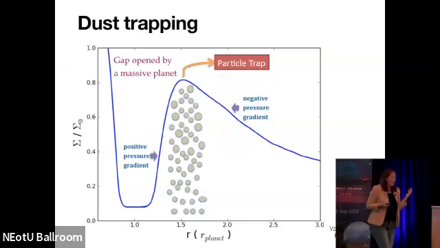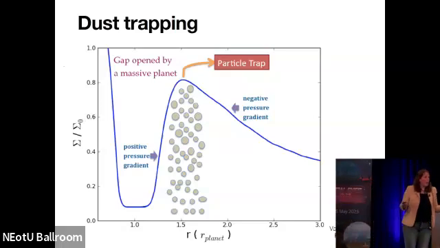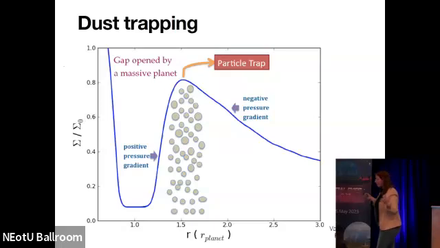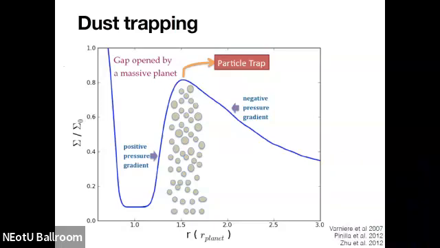And how could you create such a pressure bump, a pressure maximum in the outer disk? Well, by growing your first planet. As soon as you form your first planet, it will carve a gap in the disk, and at the outer edge of that gap, you naturally get a pressure bump where the dust grains will concentrate.